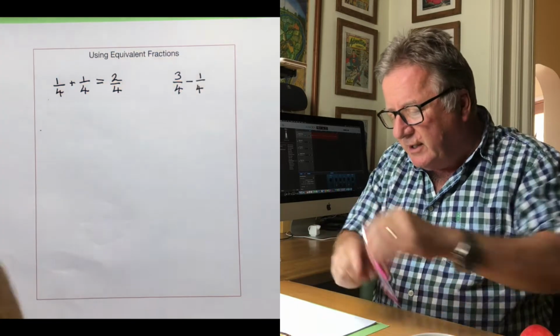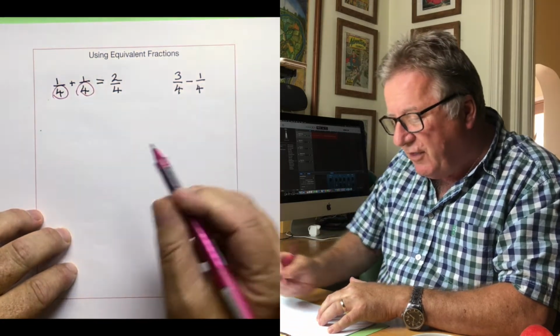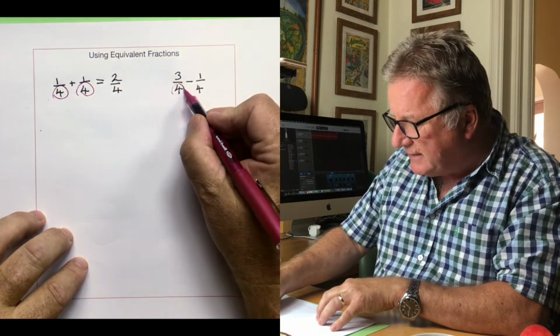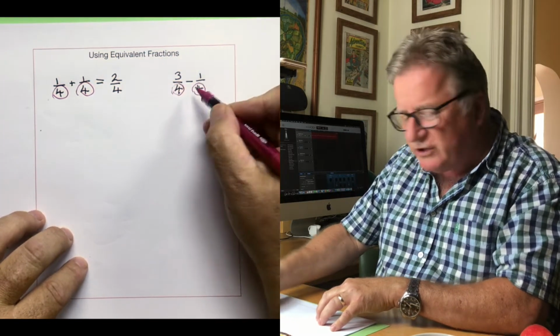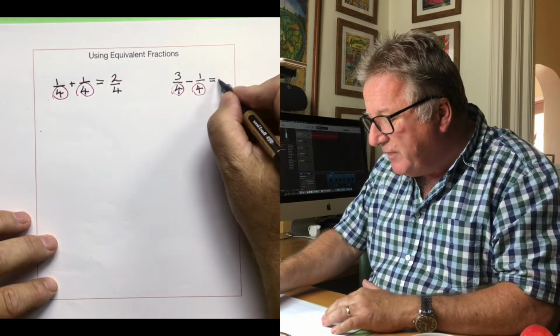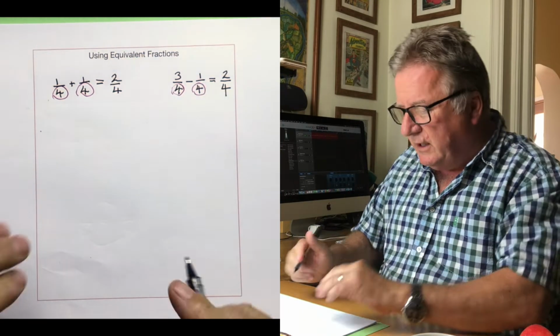What you're doing is you're saying the pieces are the same size, can you see? Therefore I can just add across the top. Here also, the pieces are the same size. 3/4 take away 1/4. Well, 3 take away 1 is 2. Easy. Okay? Straightforward.